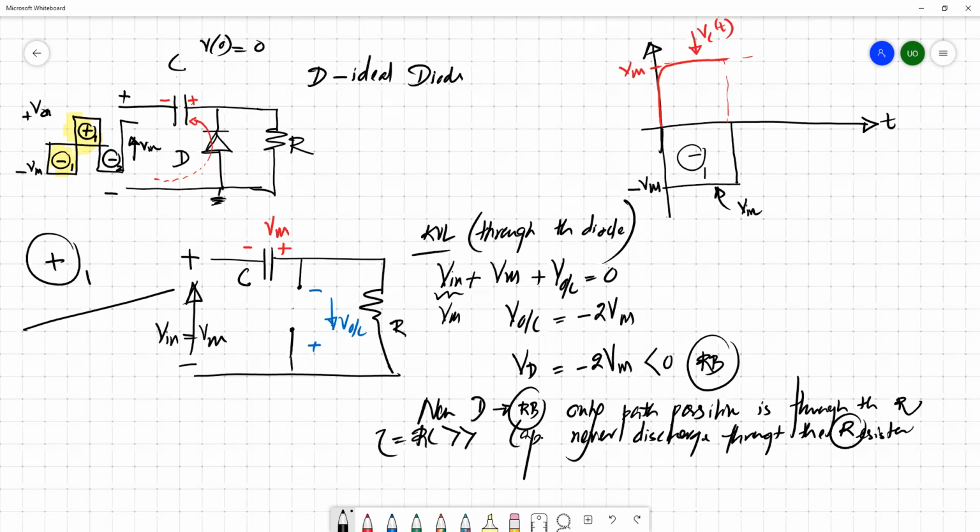But during this first positive cycle, due to this high RC constant, the capacitor cannot discharge through the resistor you introduced to the circuit.